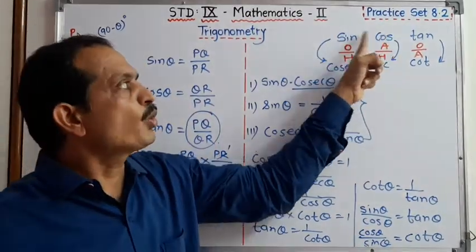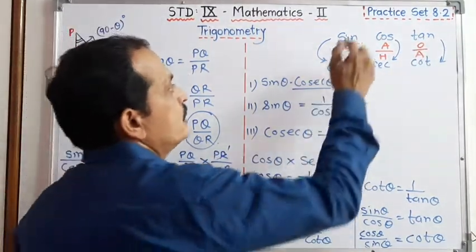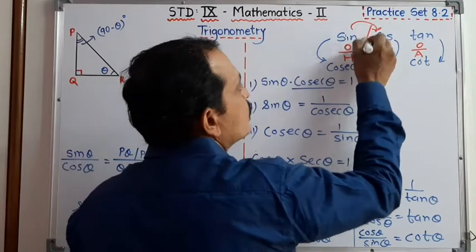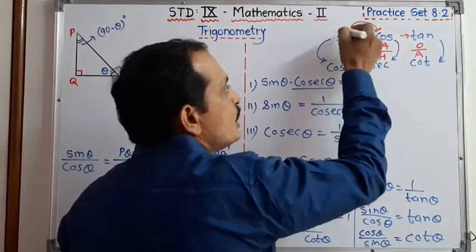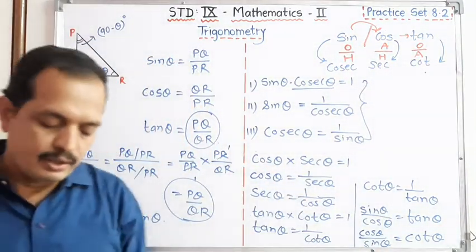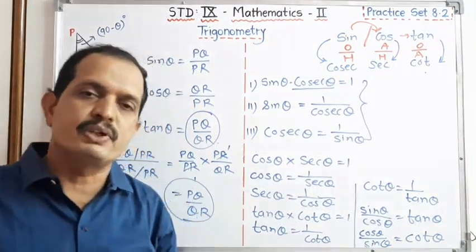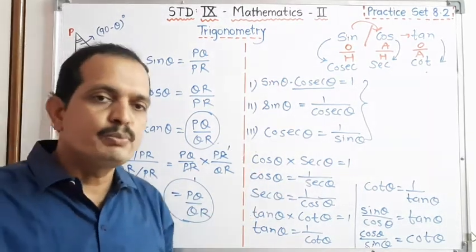Sin theta upon cos theta is equal to tan theta, and cos theta upon sin theta is equal to cot theta. I think everyone understood this. It is very easy. Write down all these formulas which are most important.